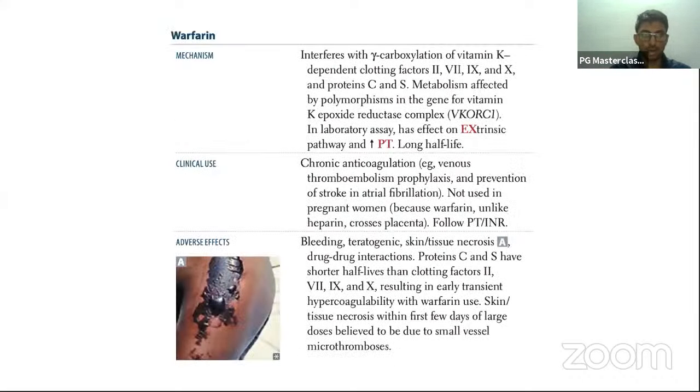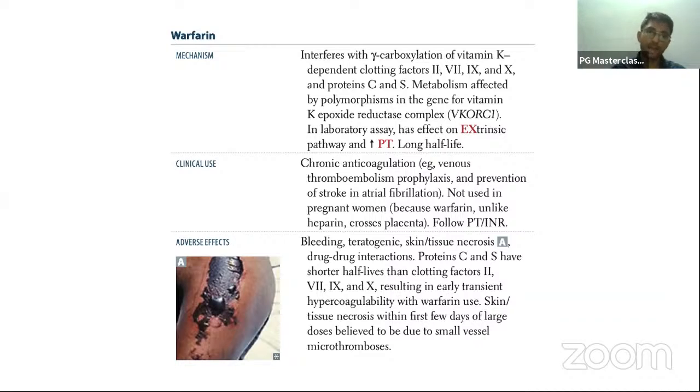Warfarin is the oral anticoagulant. It acts by interfering with gamma carboxylation of vitamin K dependent clotting factors, factors 2, 7, 9, and 10, along with proteins C and S. Unfortunately, this is the reason why the concept of bridging therapy comes here. Warfarin will cause procoagulation in its early effects because it will inhibit proteins C and S rapidly rather than factors 2, 7, 9, and 10, because protein C and factor 7 have a lesser half-life.